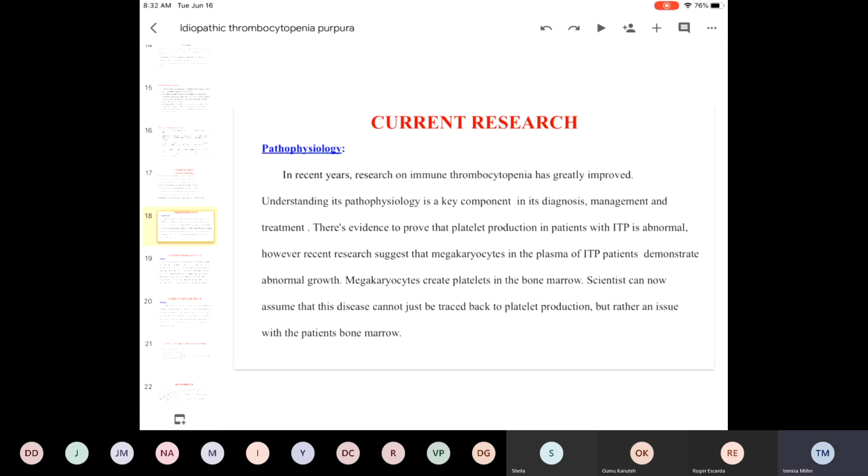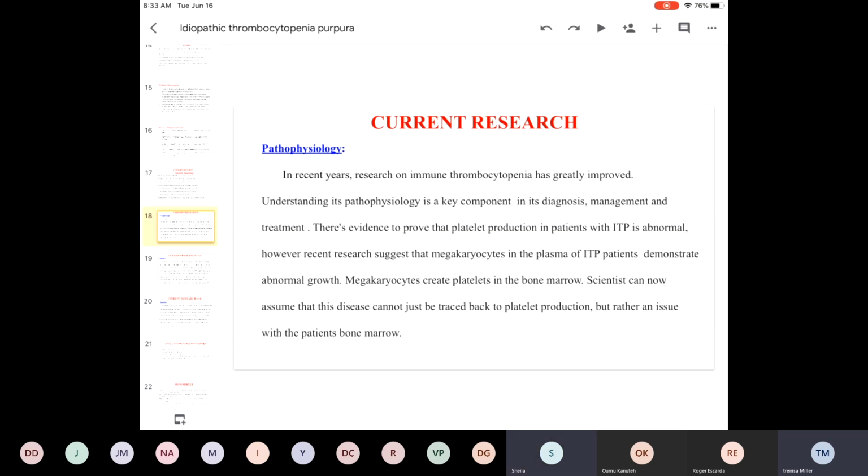In recent years, research on immune thrombocytopenia has greatly improved. Understanding its pathology is a key component in its diagnosis. Management and treatment: there is evidence that platelet production in patients with ITP is abnormal.